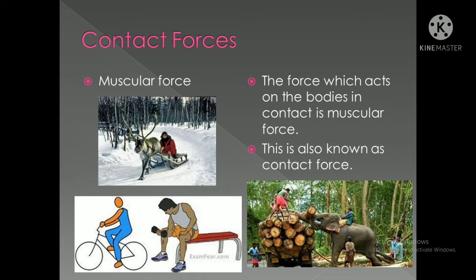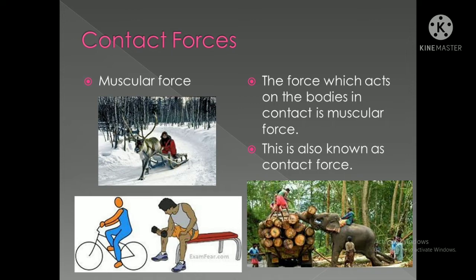Here the reindeers are made to pull the sleighs, and they are also used as passenger vehicles. No other vehicle can go in the snow, so those sleighs are pulled by the reindeer like a passenger vehicle. Next, one man is using his dumbbell, doing exercises, isn't it? And there is a figure of cycling.